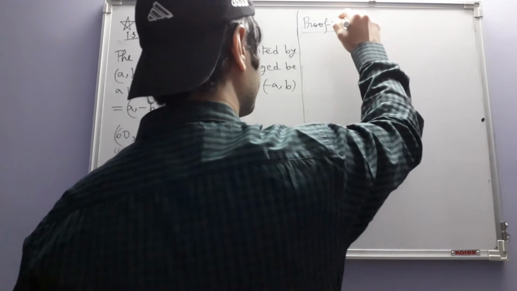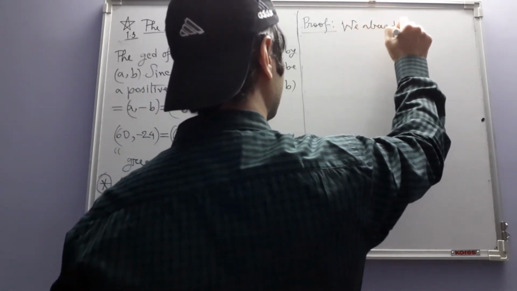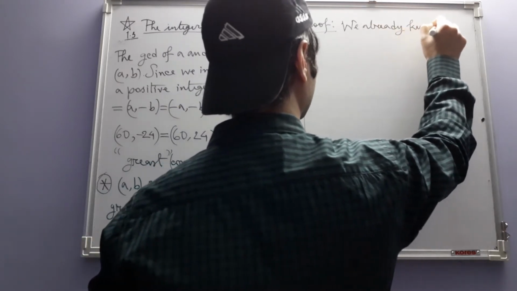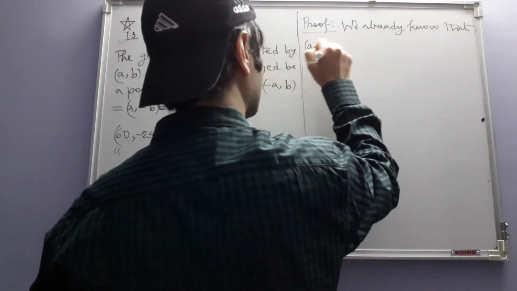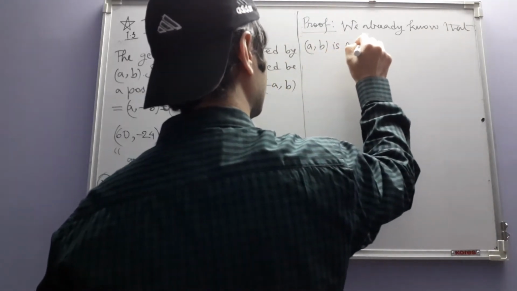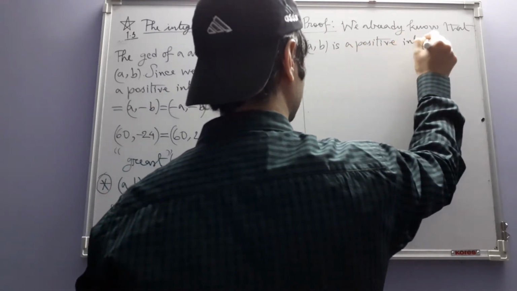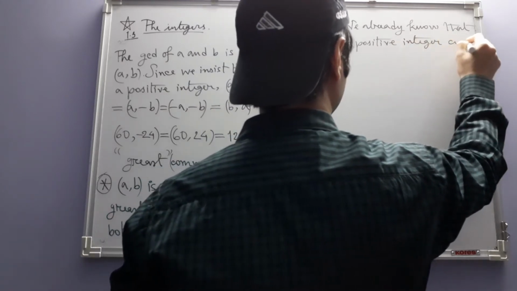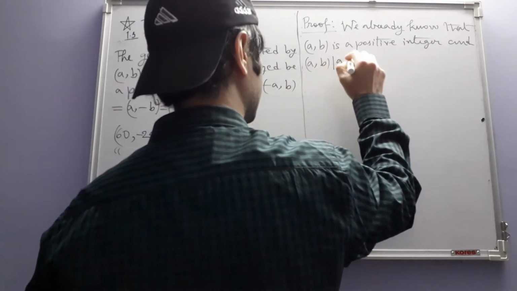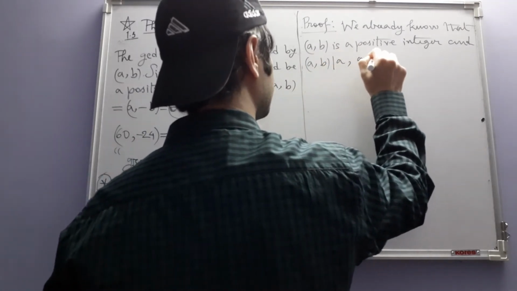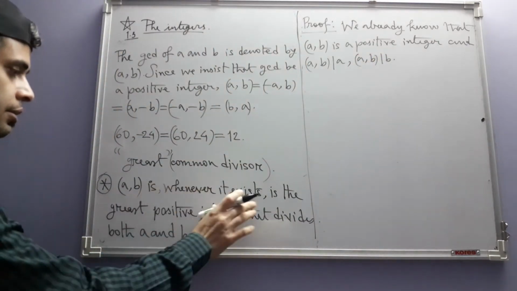Okay, we already know that this is a positive integer and it divides both A and B. It divides A and it divides B. We now have to settle the greatest part.